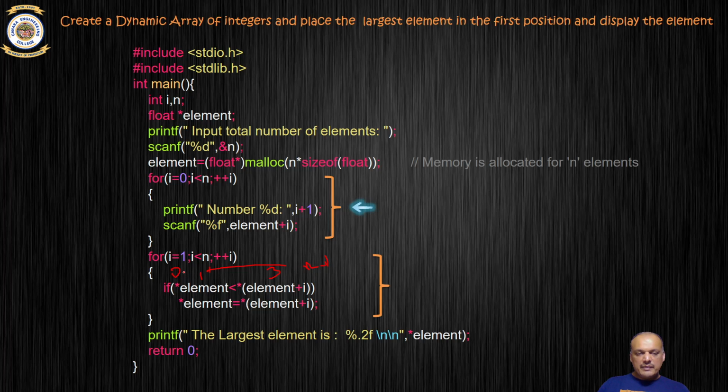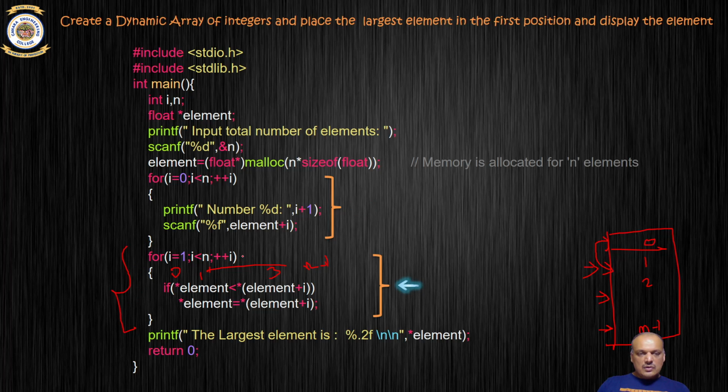Okay, so I'll be comparing the first element in the array, which is at index 0, with all the other elements 1, 2, 3 up to n minus 1. And if I find that this element which is pointed to by the pointer, with an offset obviously, is greater than the first element, then I do a swap. So that is what happens in this for loop.